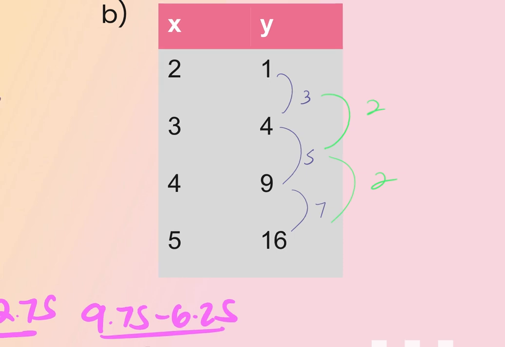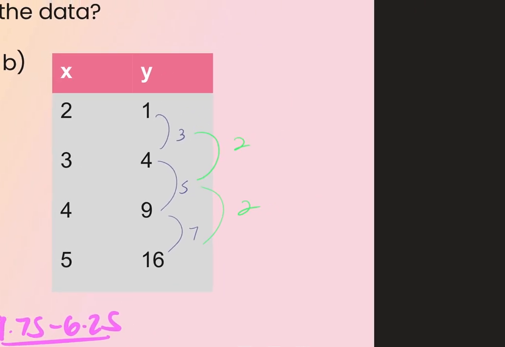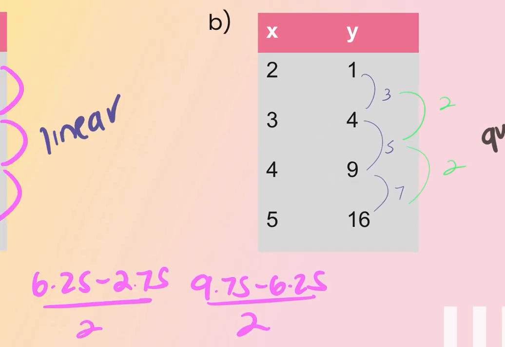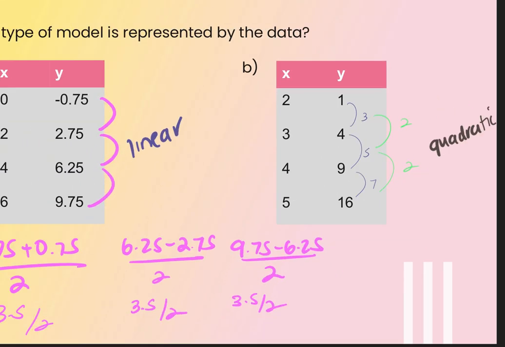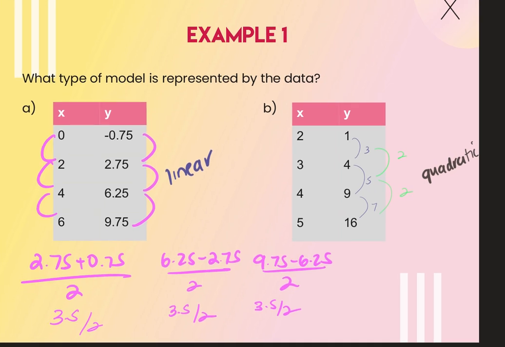So what's the best model here? Quadratic. Second difference. Yep. Questions on those?